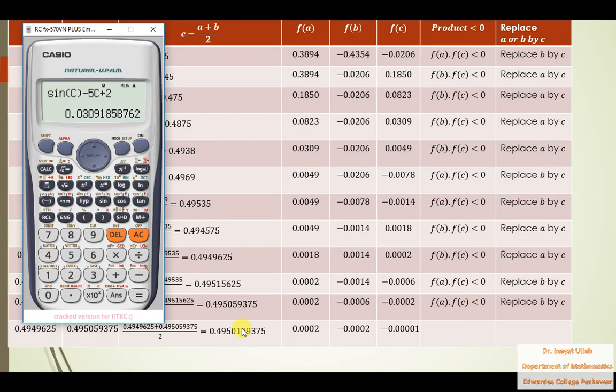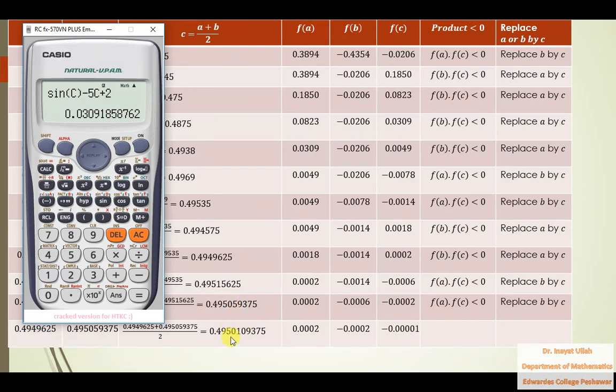If you look at the value of c here, these two consecutive values of c are equal to each other up to 4 decimal places, 4950. And for this value of c, f of c is nearly equal to 0.